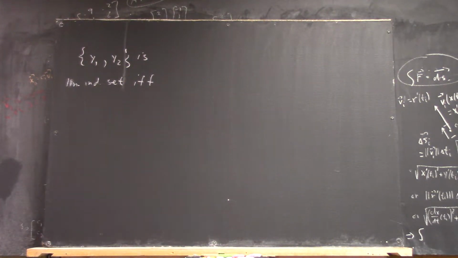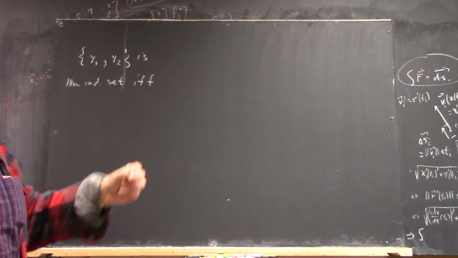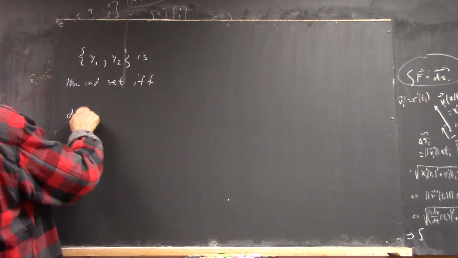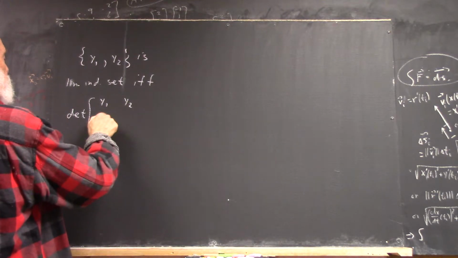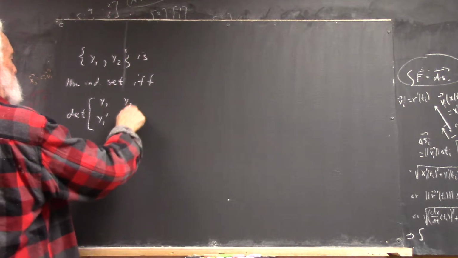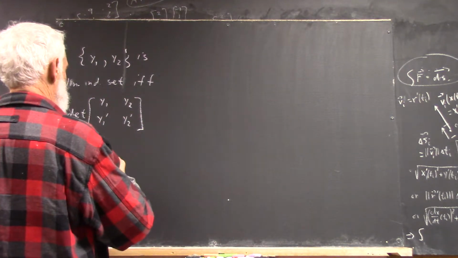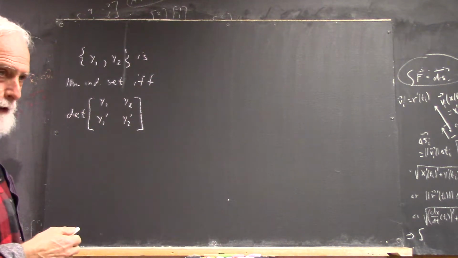So in this situation, I could say that y1, y2 is a linearly independent set if and only if the determinant of the matrix has certain characteristics. Okay?